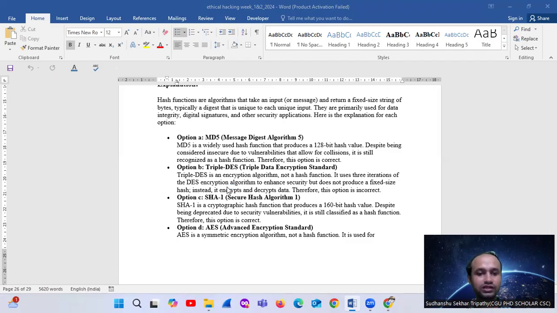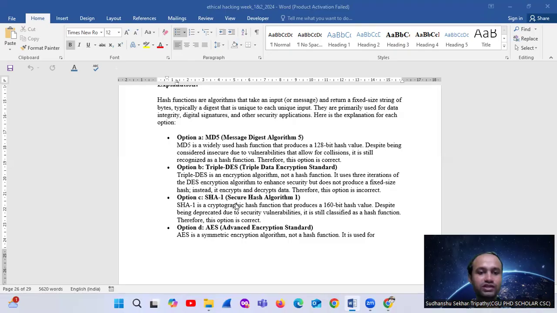So triple DES is an encryption algorithm, not a hash function. It uses 3 iterations of the DES encryption algorithm to enhance security, but does not produce a fixed size hash. Instead, it encrypts and decrypts the data. Therefore, this option is incorrect.